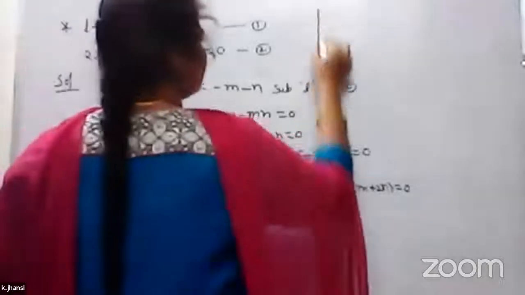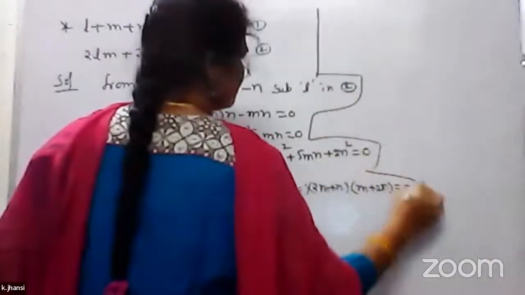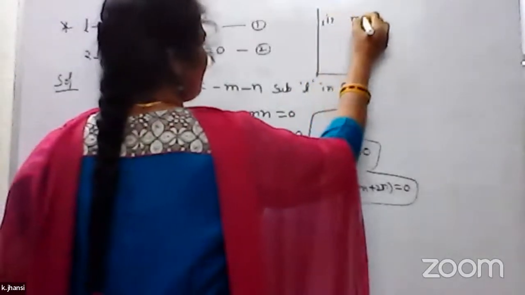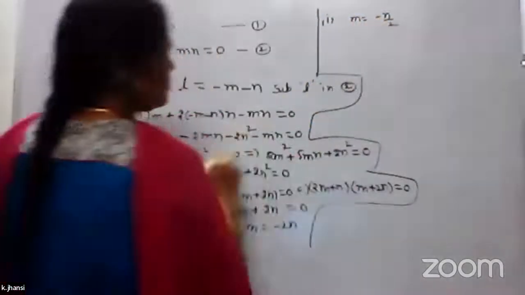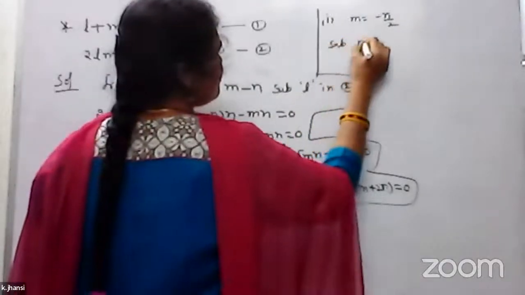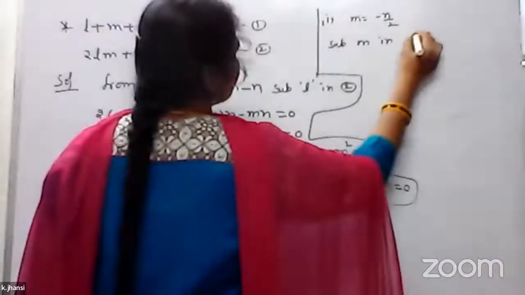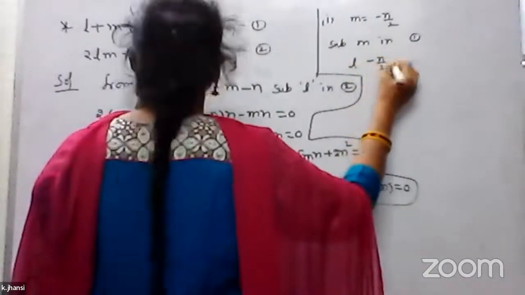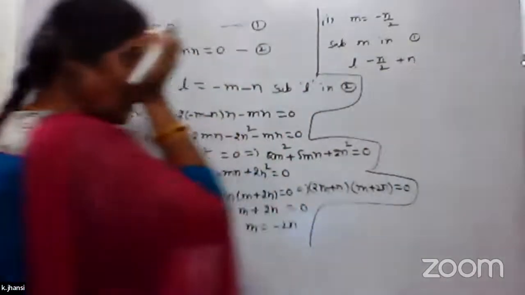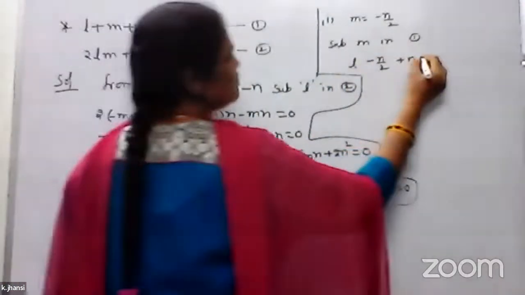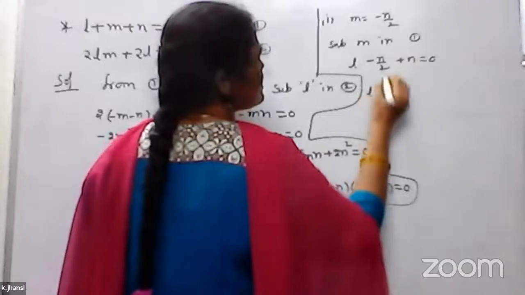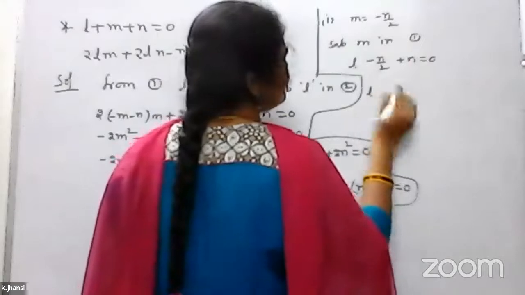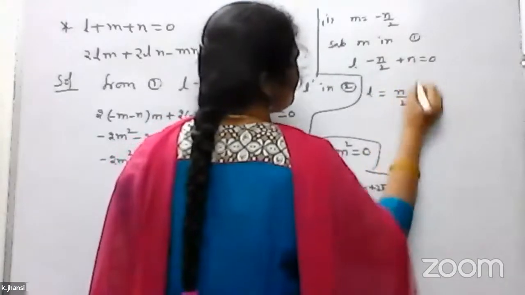Okay, substitute first case one, m equals to minus n by 2. Substitute m value in 1. So you will get L minus n by 2 plus n equals to 0. So L, if you take that side, it will be n by 2 minus n.